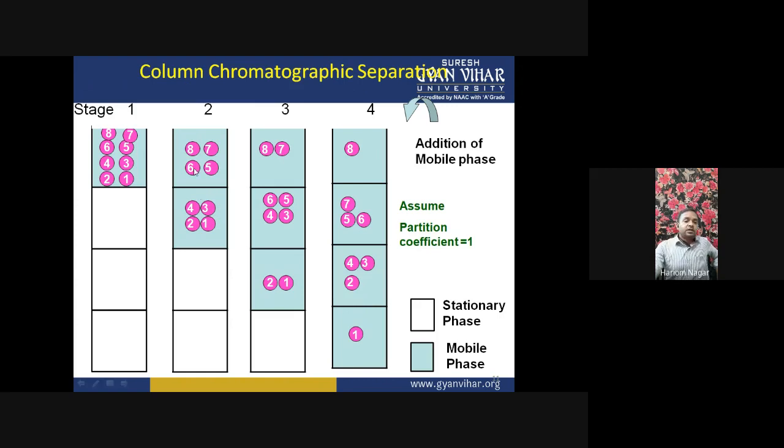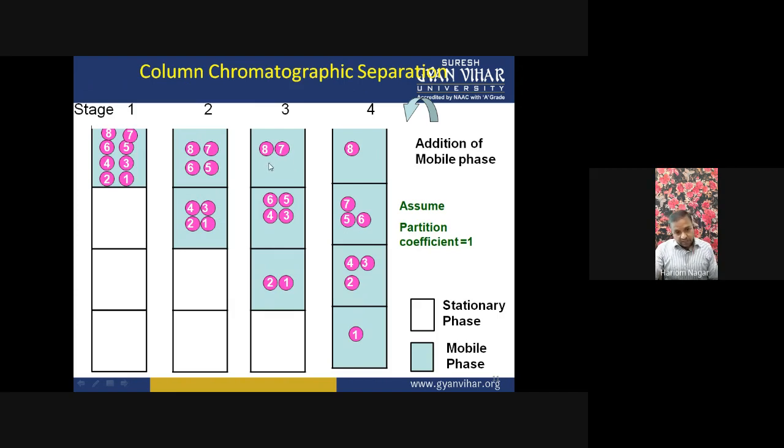In stage number three, as the mobile phase moves in the forward direction, these components also migrate with it. Now you can see that the first and second particles have traveled more distance than the four, and these four have traveled more distance than these two.